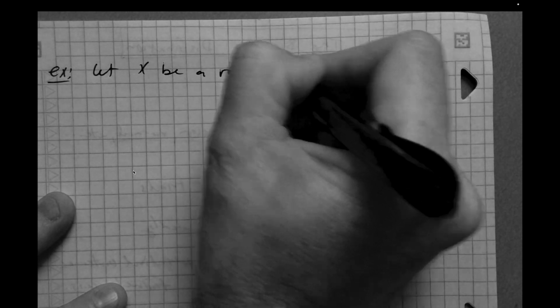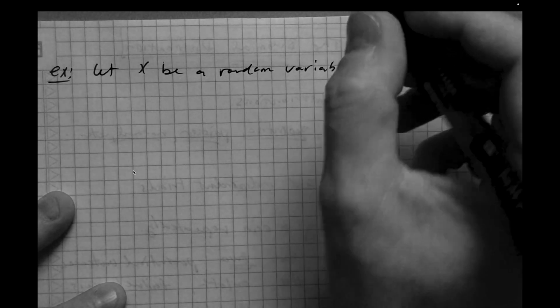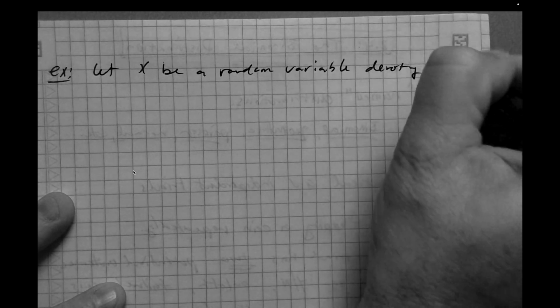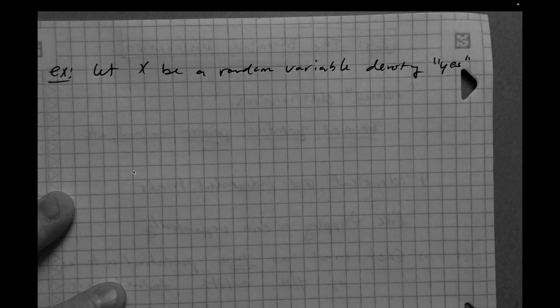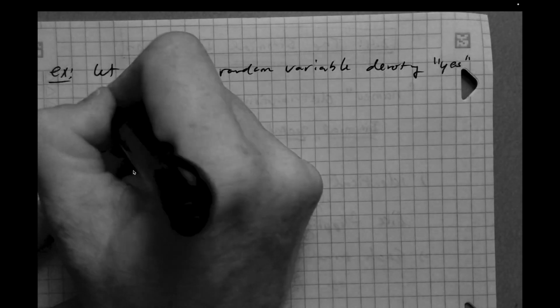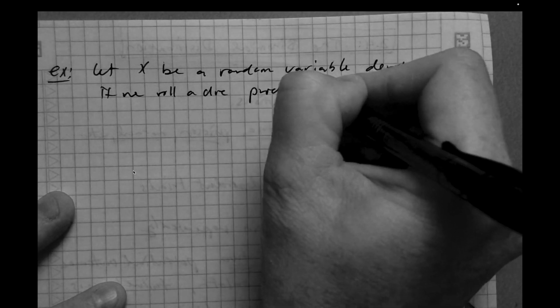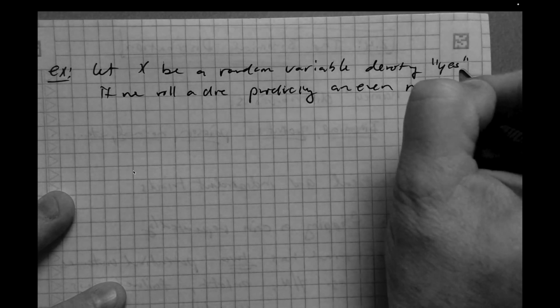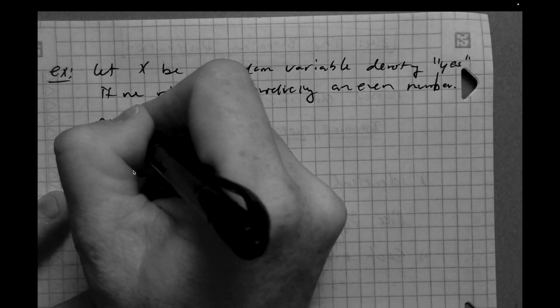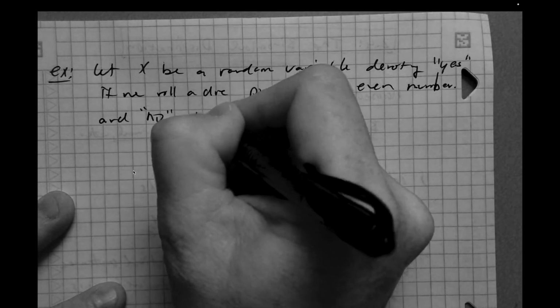In this case, let x be a random variable denoting yes if we roll a die that produces an even number, and no otherwise.